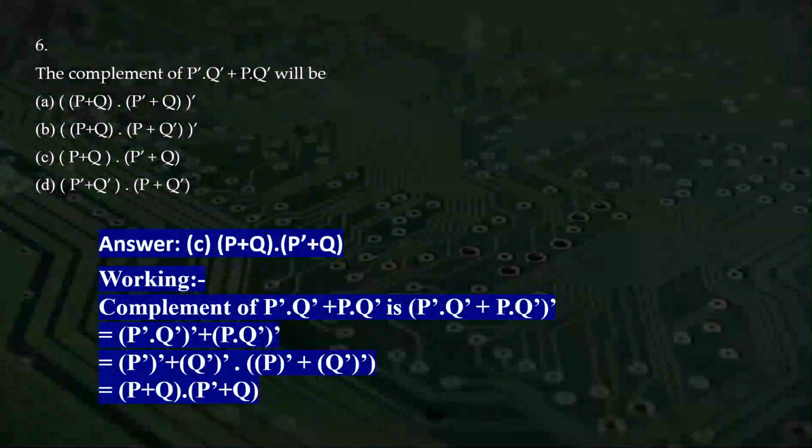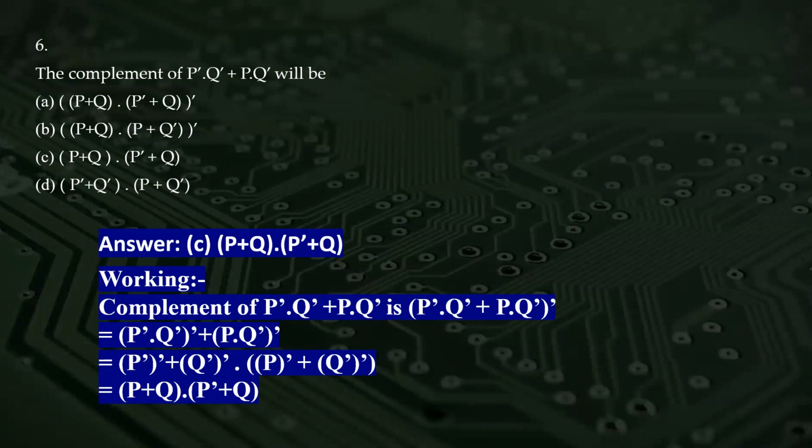P bar dot Q bar whole bar will break into P double bar plus Q double bar. And the other side, P dot Q bar whole bar will break into P bar plus Q double bar. So the final answer is within bracket P plus Q dot within bracket P bar plus Q. Now we will not solve it or simplify it further. This one will be the complement.